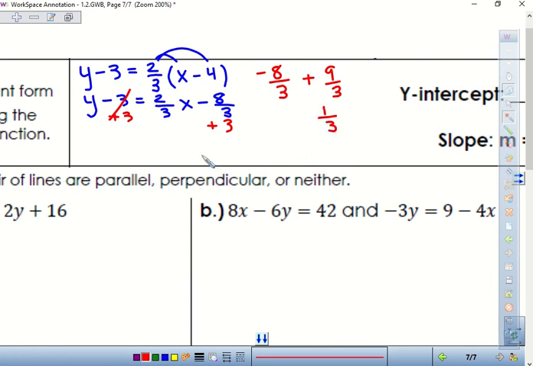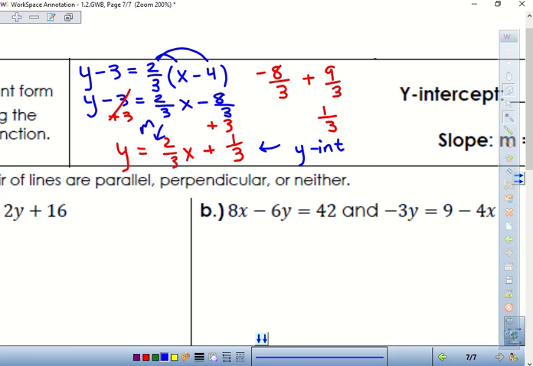So I get 1/3. So y is equal to 2/3 x plus 1/3. That's my equation. And what is the slope in this case? Good. So you can write it on your paper. This is slope, and this is y-intercept. Okay. Do we have any questions about that?